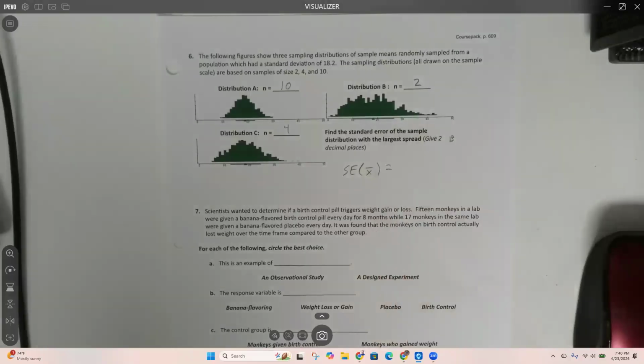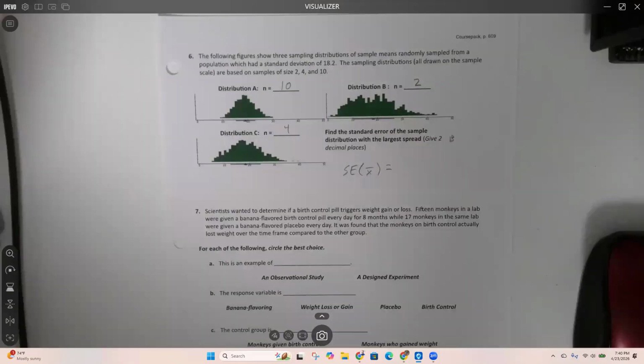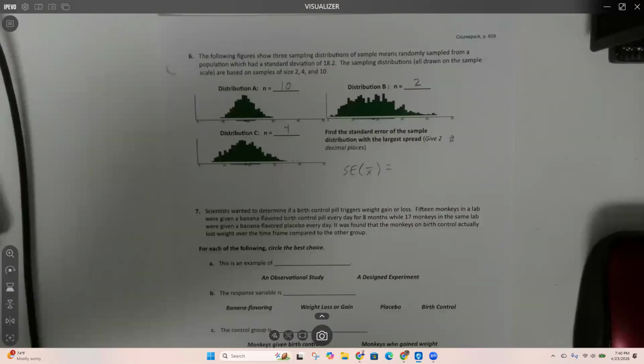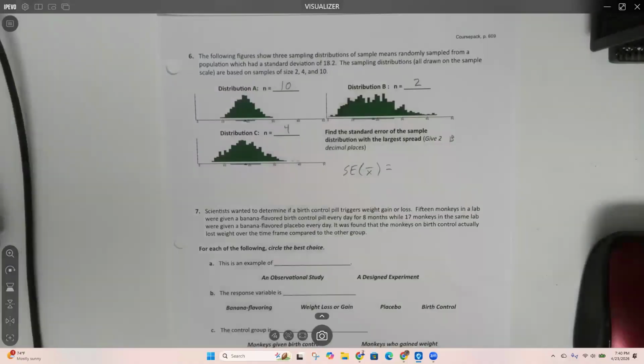SEX bar was what? What's the formula? What's the formula?